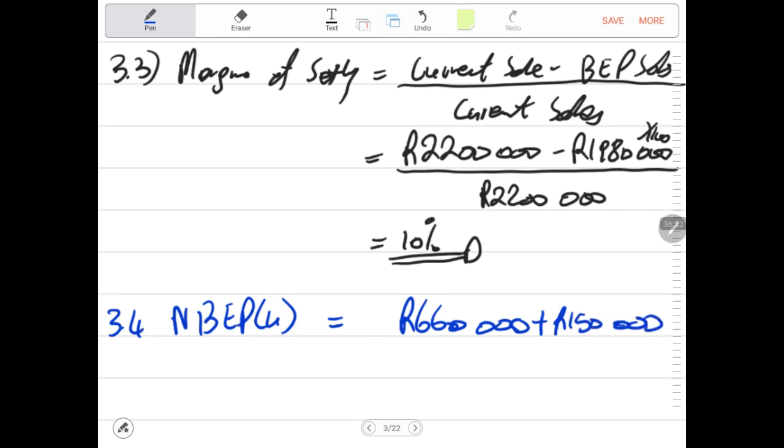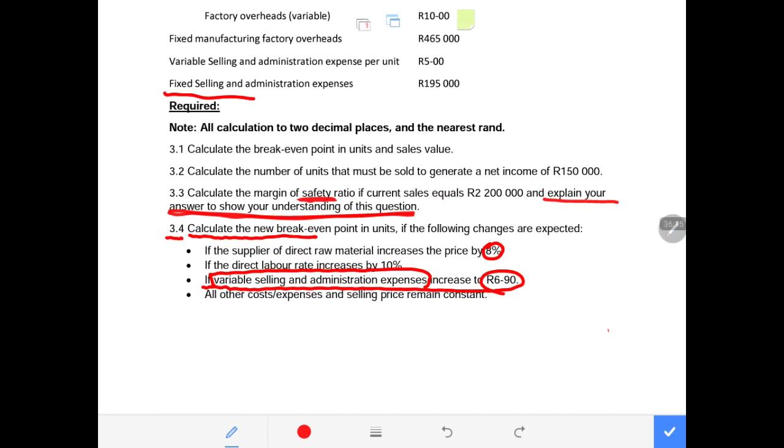But in this case, once again, it is not clearly stated if we must calculate the new break-even point in units under the assumption that the owner still wants to get the net income, or do we not consider that? So at this point, honestly, this question was about to be very clear.